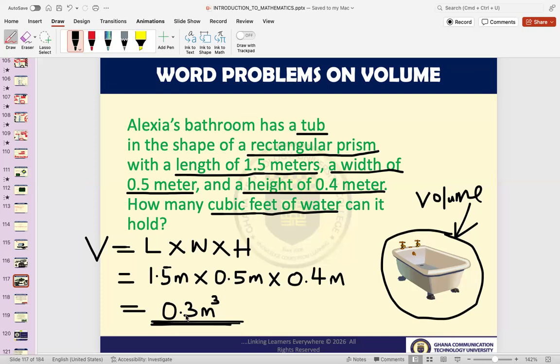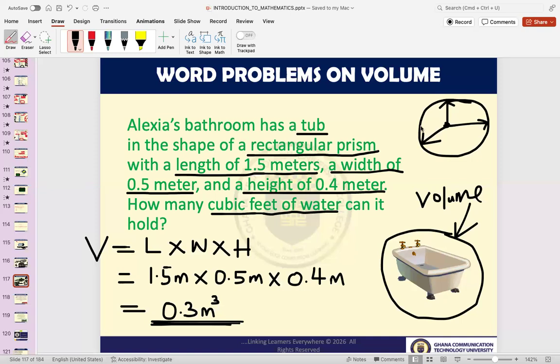Okay. So 0.3 meters cubed means that when you stand here, the water is flowing here, the water is flowing here. So the water is flowing over a big area, like this. That's the meaning of the meter cubed.